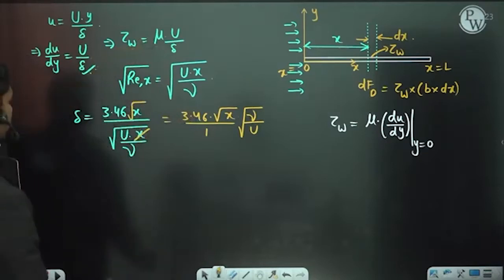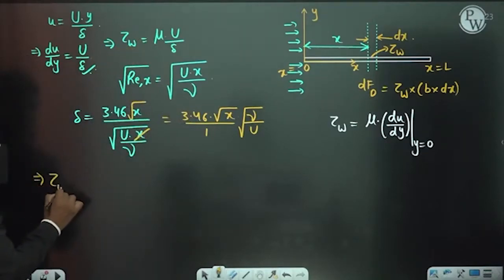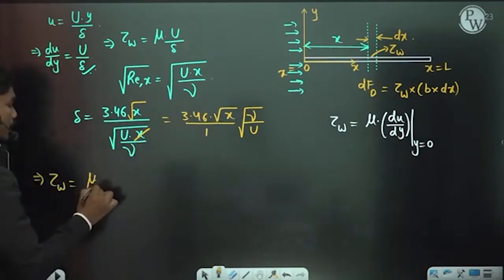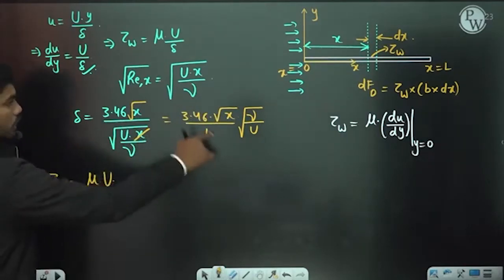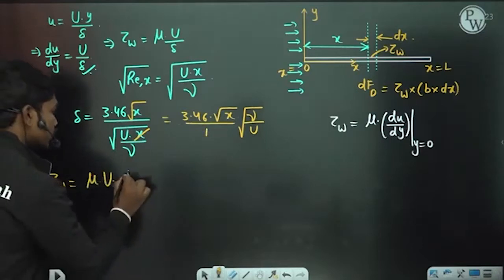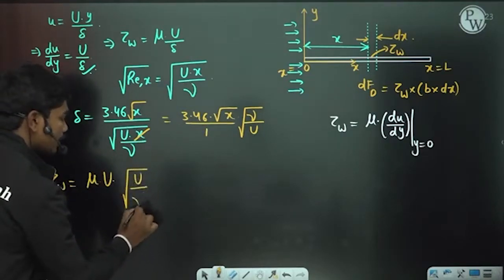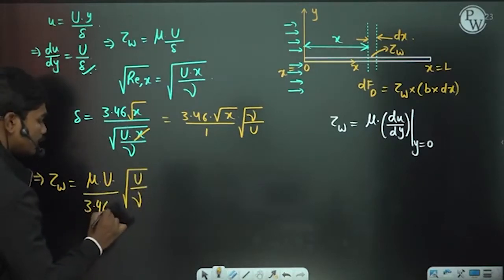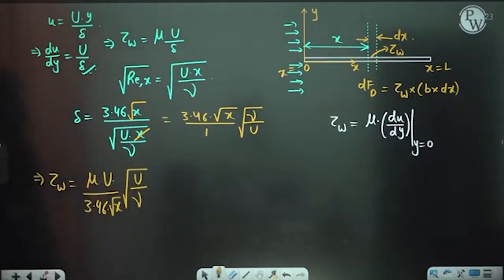If you replace this here, tau w at any location x is equal to mu times U by delta, which gives mu times square root of U by kinematic viscosity divided by 3.46 into square root of x. This is the expression for tau w.